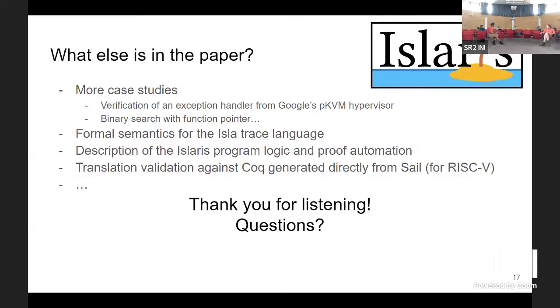Getting back to the history of this, there was machine code verification work from around 1919 or so.